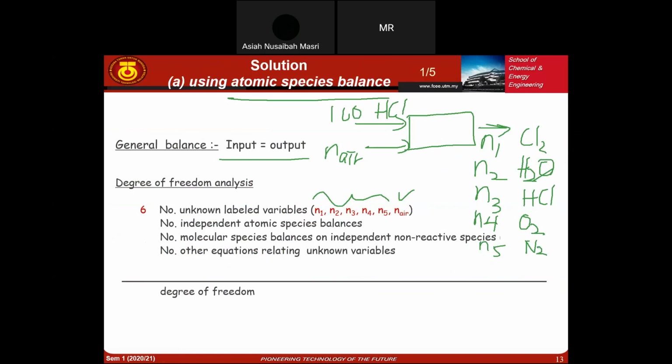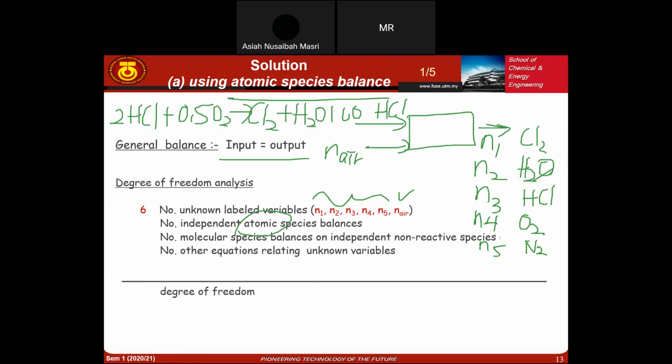How many independent atomic species balances? So remember back the equation, we have 2 HCl plus 0.5 oxygen to get Cl2 and water.